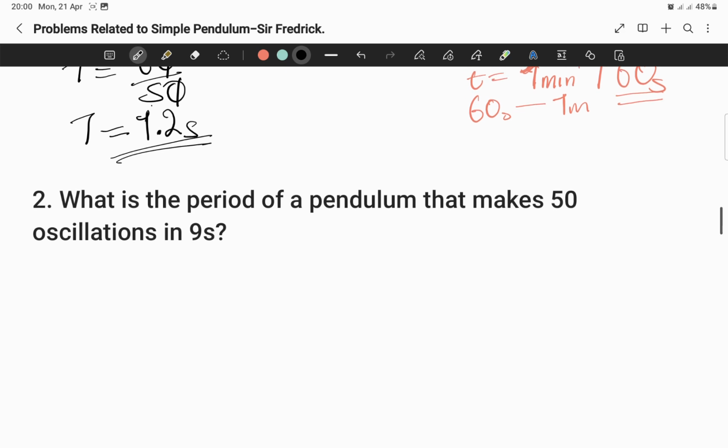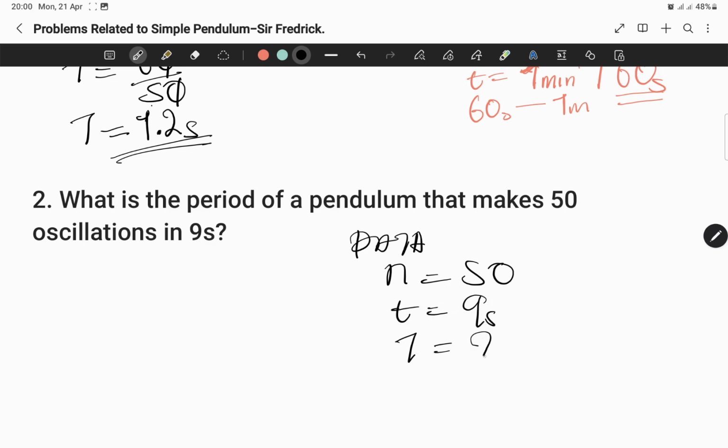What is the period of a pendulum that makes 50 oscillations in 90 seconds? So that again, don't forget, number of oscillations 50, then time taken 90 seconds. What are we looking for? Period. We don't know.